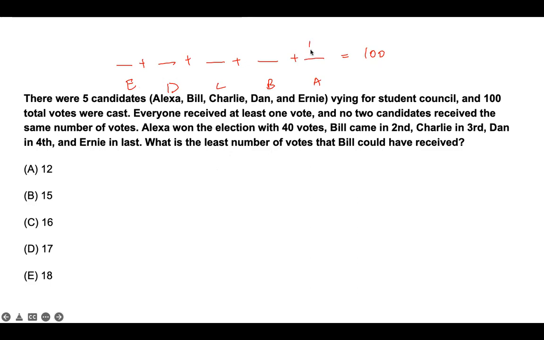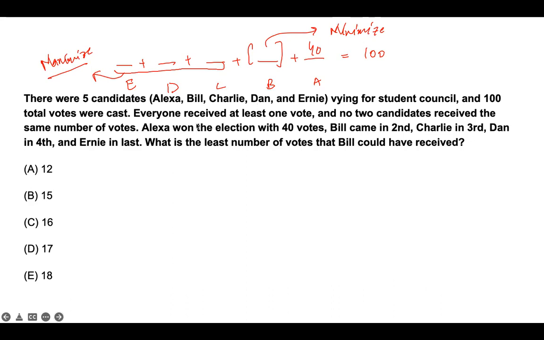Okay, so A received 40. The question asks us to find the minimum value of this, so we need to minimize this. How is that possible? If we can maximize these 3. How can we do that?